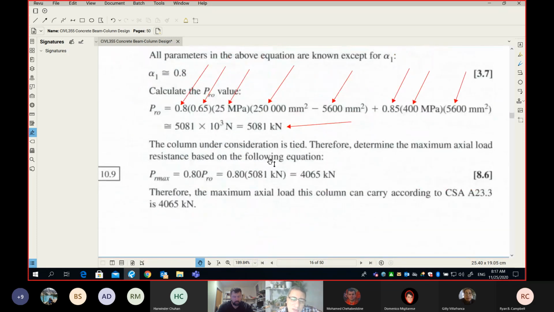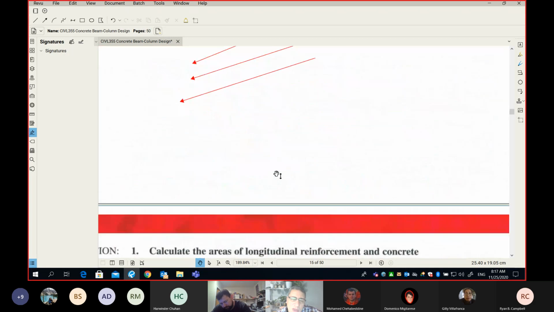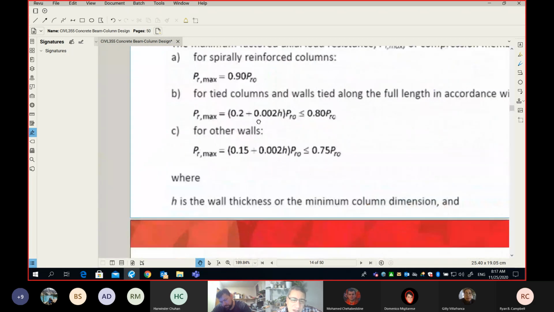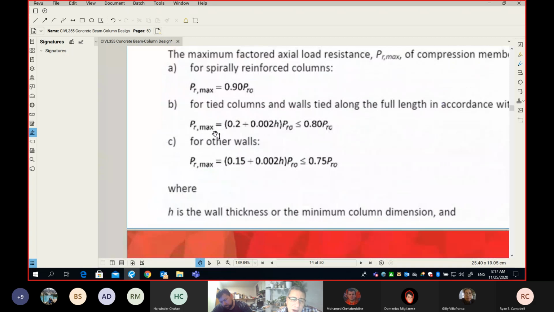And if you remember, we go back to our code, and I need to remind you, Pr maximum is (0.2 + 0.002h) multiplied by Pr0. How much is my h in this case? Can anybody tell me? I need some help, please.